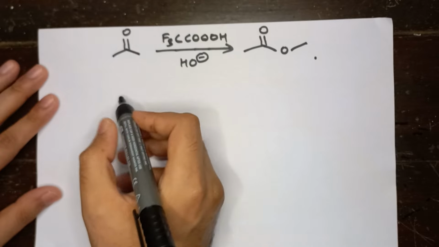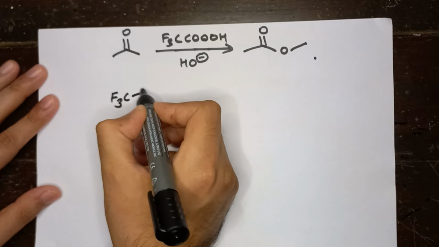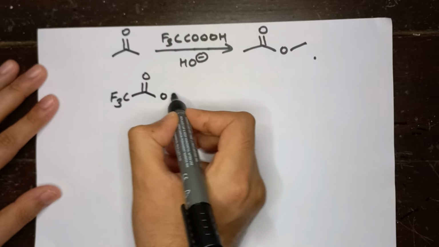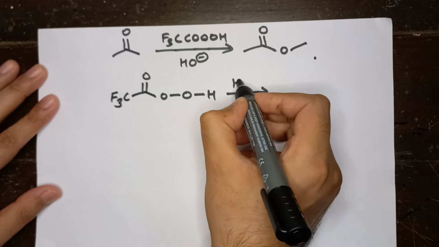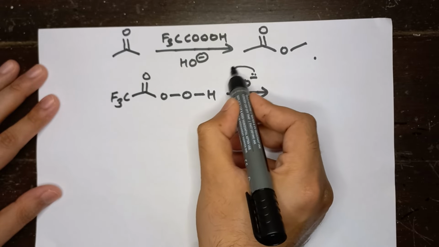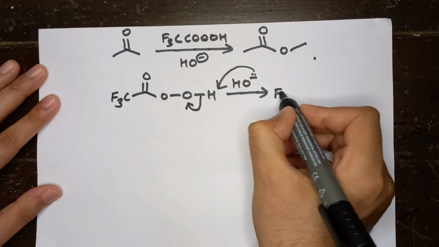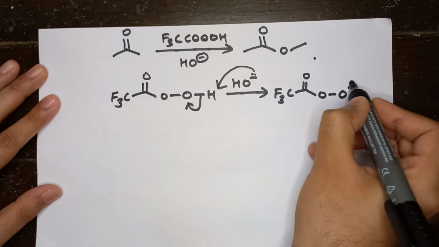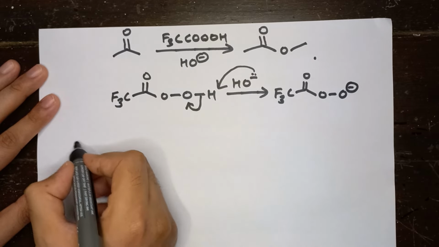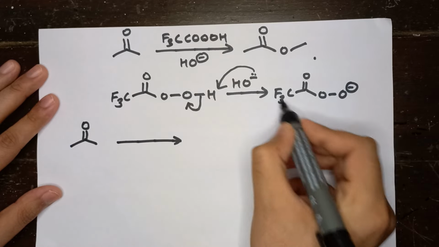So the structure of trifluoroperoxyacetic acid we have already seen. And we have basic condition. So this base will grab this proton, will generate an alkoxy ion. Right? And we have acetone. We just formed this moiety.